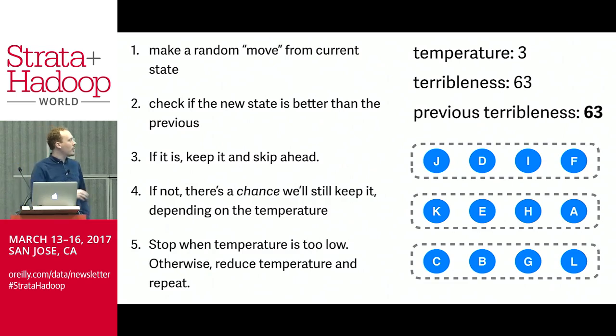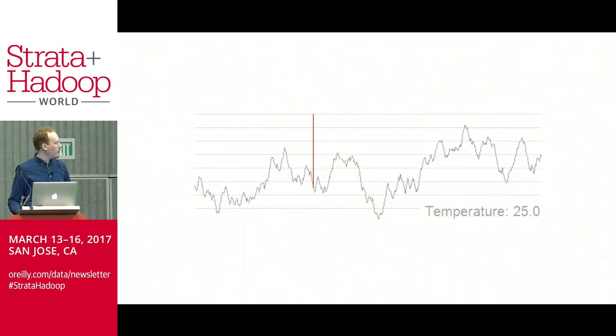And now we end up with a system where our temperature is really low, and our terribleness is much better than where we started. Now at this point, if we're on step one again, we make another random swap, and the state of this system is much worse, we're probably not going to keep it anymore. Because the temperature is much lower now, we've sort of lost our desire to keep exploring. So we'll swap it back.